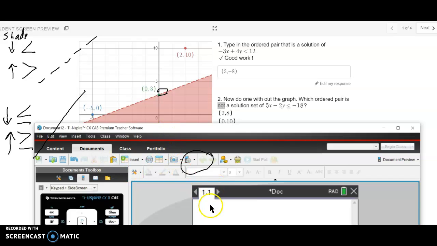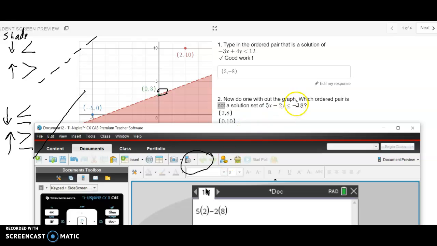So when I go to do this, I'm going to type in my 5, parentheses. I'm not typing in X. I'm going to use the ordered pairs for my X and Y. So 2 is my X, close parentheses, and I put minus 2, and I put parentheses. My Y goes inside, 8, close parentheses.